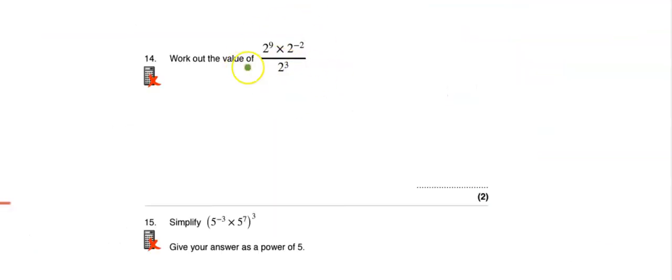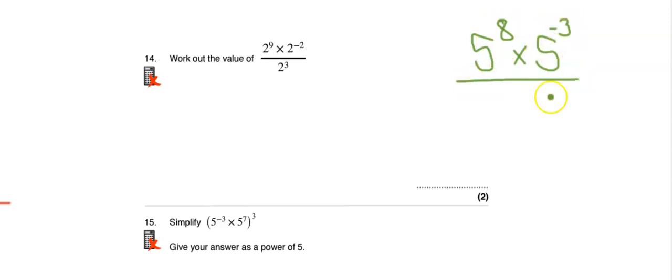See, if the question is for the indices like that, for example, how do we solve that one? If I go 5 to the power 8, multiplied by 5 to the power of minus 3, divided by 5 to the power 7. If that was 3 to the power 7, I can't do anything. So in one single step, the way you do it is this.